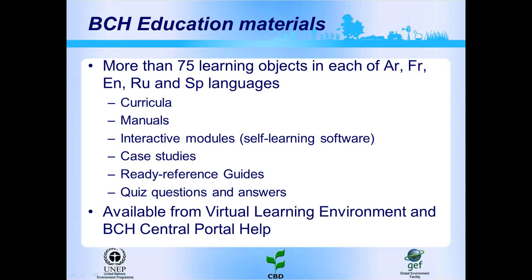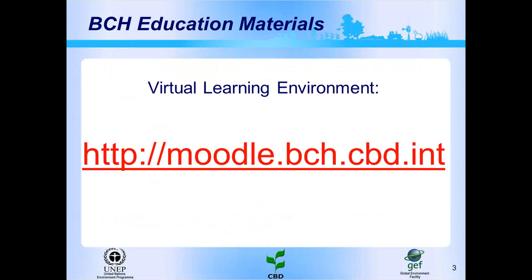Nowadays, this amounts to more than 75 different learning objects, each one of them in each of 5 UN languages, like, for example, curricula, manuals, interactive modules, case studies, reference guides, quiz questions and answers, and all of them are available both from our virtual learning environment that I will show you in a minute, and the BCH Central Portal help system. We have also added in the last months a set of webinars like this one, but specific for the different BCH topics.